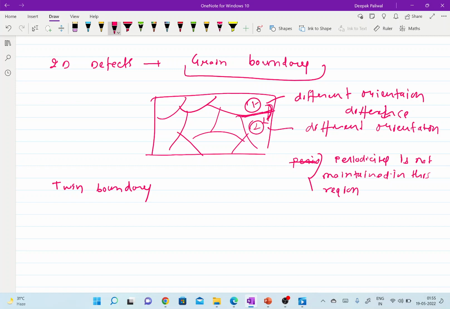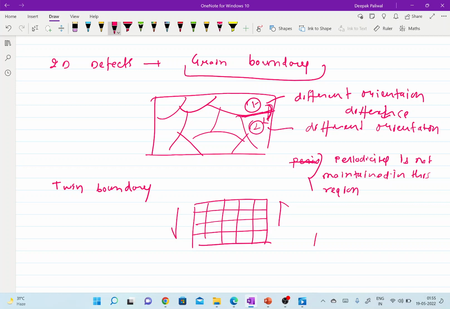Suppose we have a material and we have applied shear stress along this direction, and the material is deformed like that. These are the various unit cells, and we have deformed the material such that it forms like that.